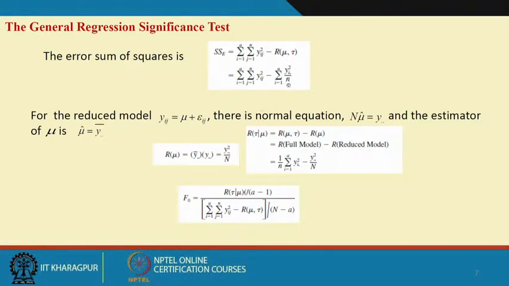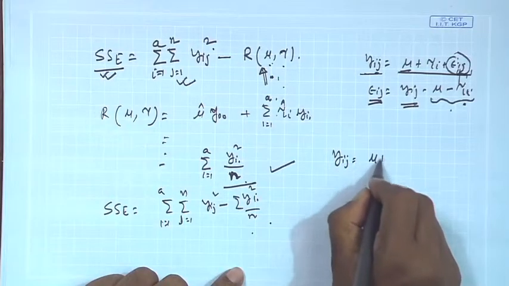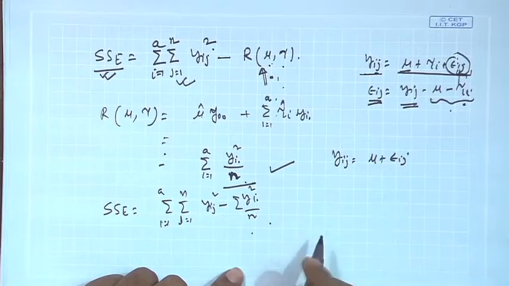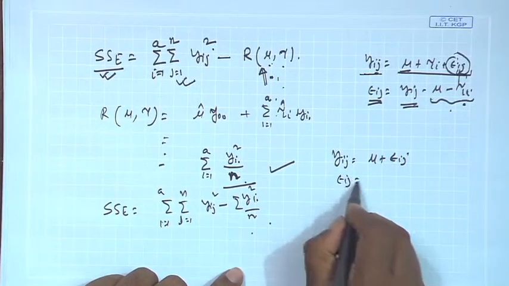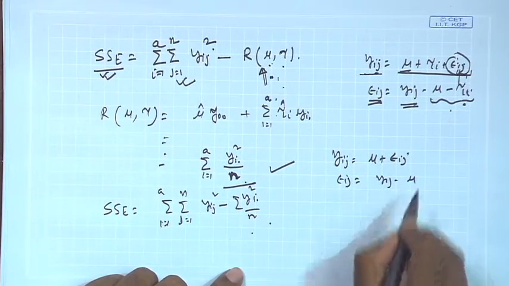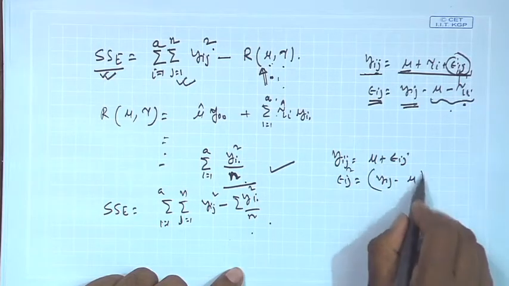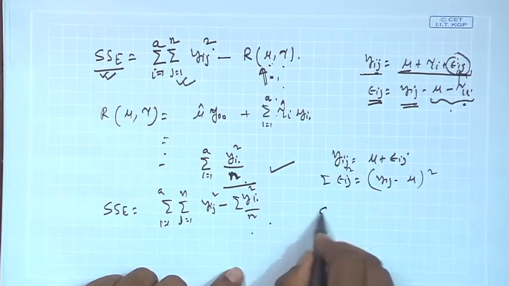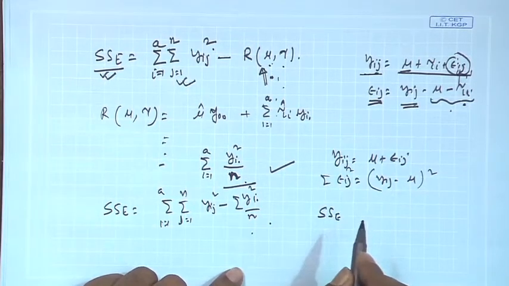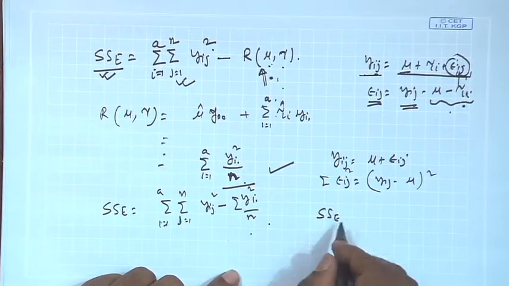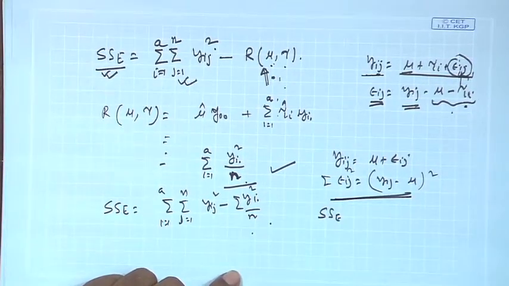Now, if we do the same thing for the reduced model, mu plus epsilon_ij, then epsilon_ij is y_ij minus mu. If you square it and sum this, you will get SSE from here.